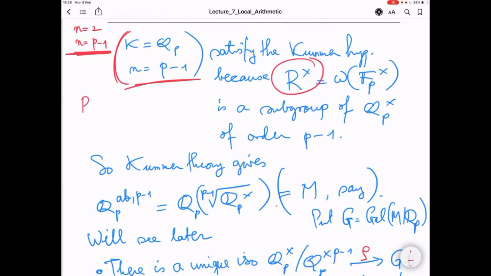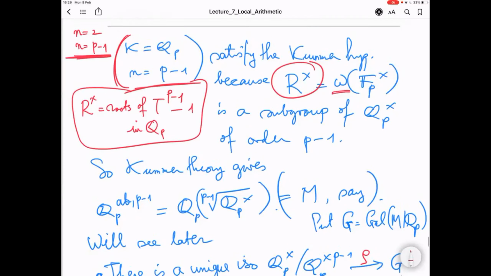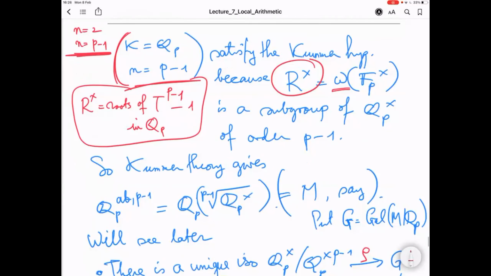The R star is the set of roots of t to the p minus 1 in Q_p. And we saw that it has exactly p minus 1 elements, and that's how we had defined this omega, which was a map from F_p star to R star.